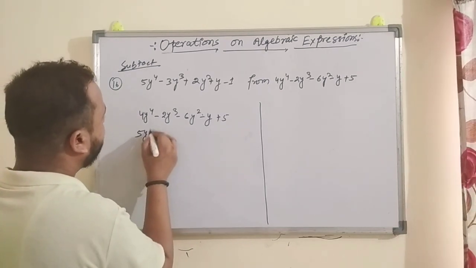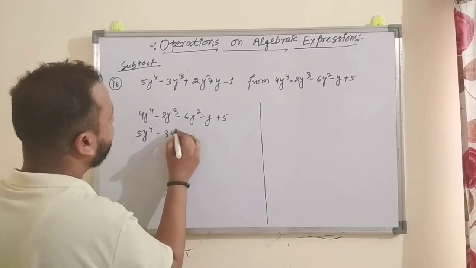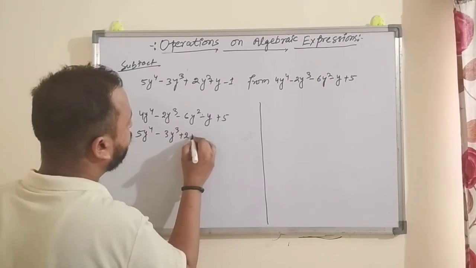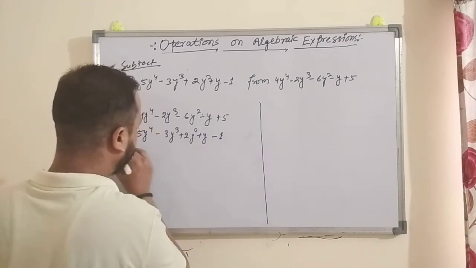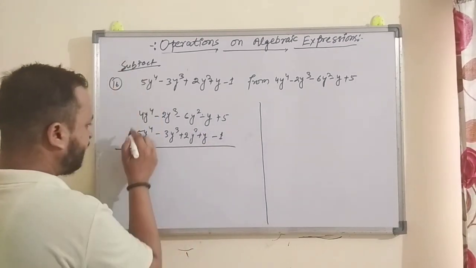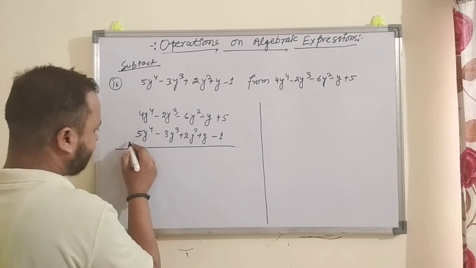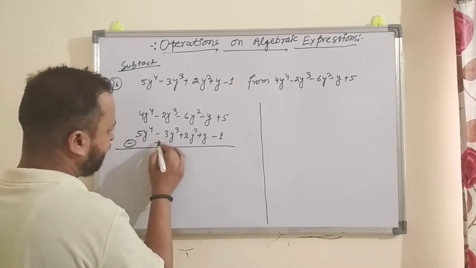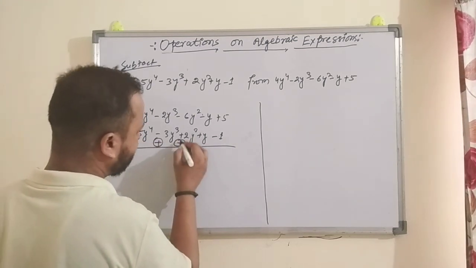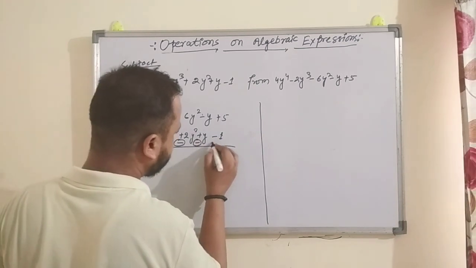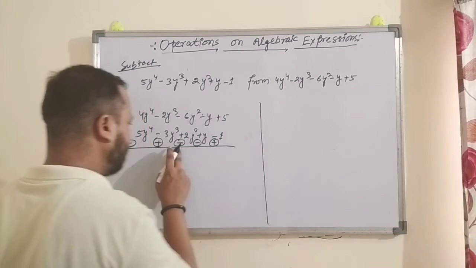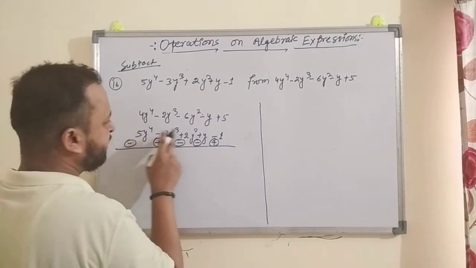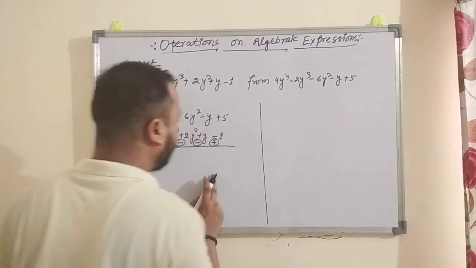So 5y power 4 minus 3y cube plus 2y square plus y minus 1. Subtract means change the sign. Here positive sign is there, so minus sign, here plus sign, here minus, here plus, and here plus. Now you have to consider these signs only. These signs are null and void, right?